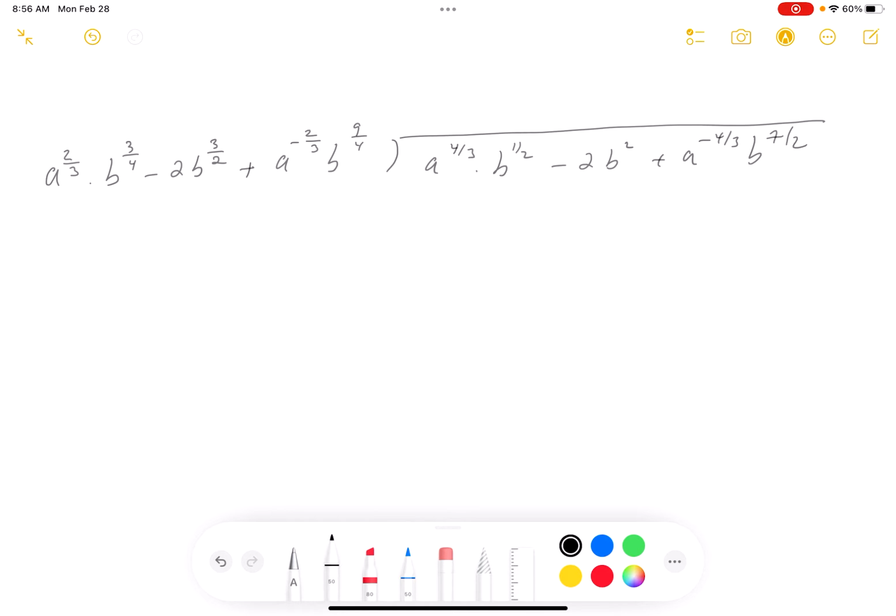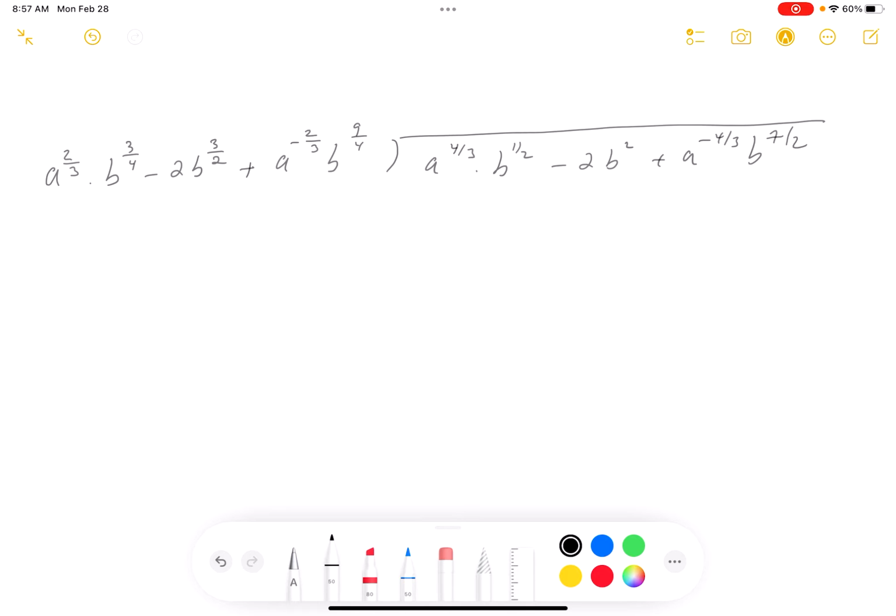Again, my big problem here is, did I copy it right? I'm looking again, a to the 4/3, b to the 1/2, minus 2b squared, plus a to the minus 4/3, b to the 7/2. And also my penmanship's not great, so sometimes I copy things and then I misread them later on. But I think I can get a match here.